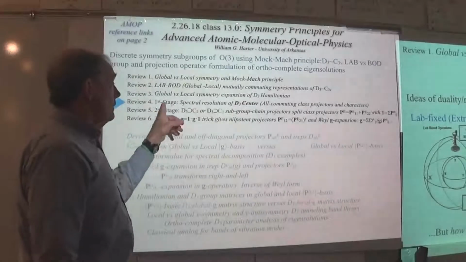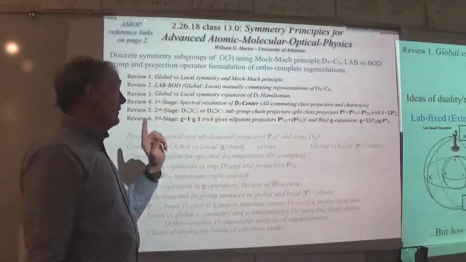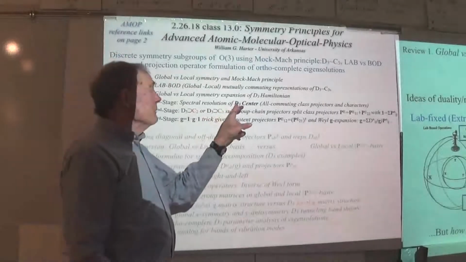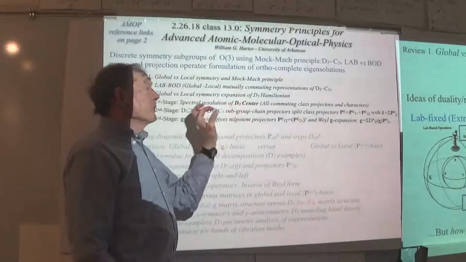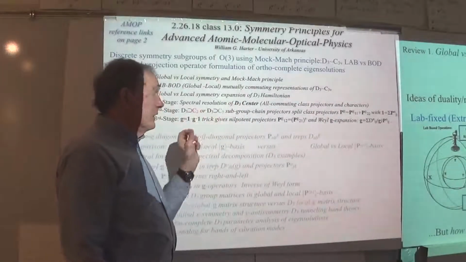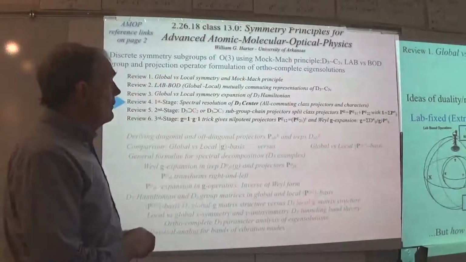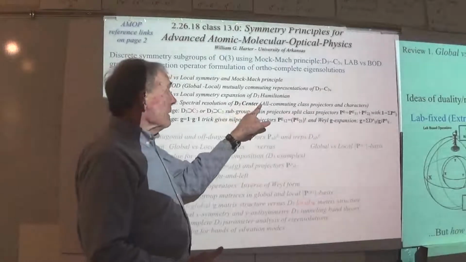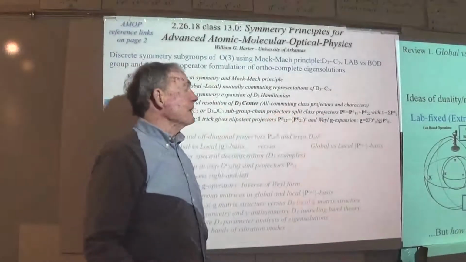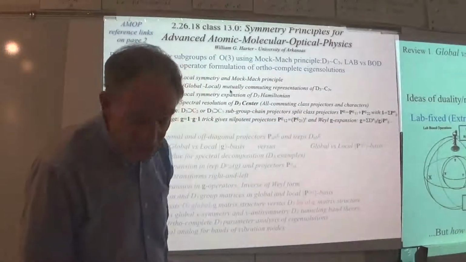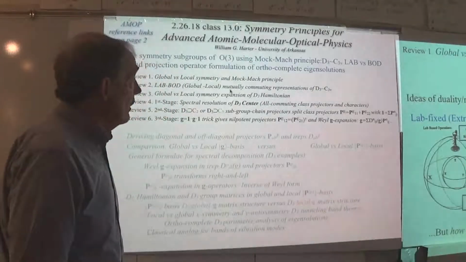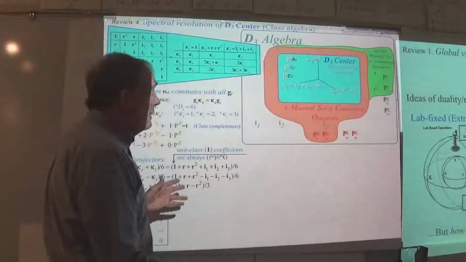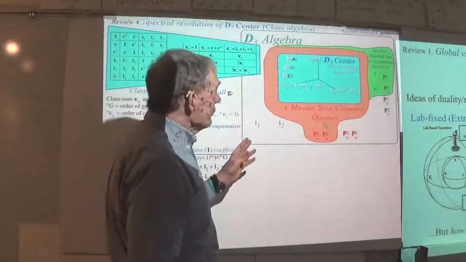But I want to review the very first stage, and that is reducing the D3 non-commutative algebra to a subalgebra which is not only commuting with itself but with everything else in the algebra. The all-commuting class projectors and characters and that sort of thing is an important beginning for any algebra, but a group in particular with its classes.